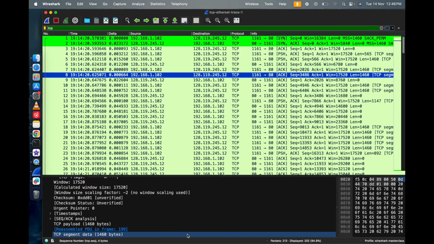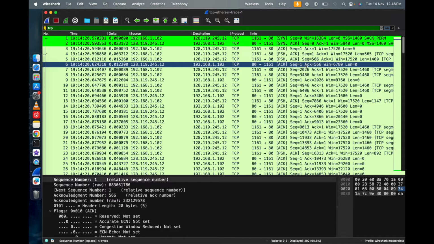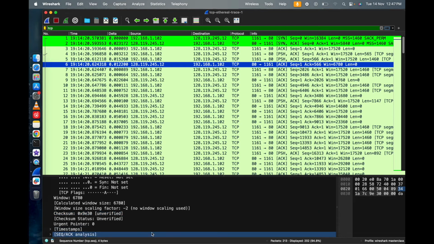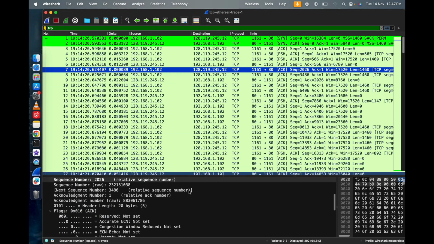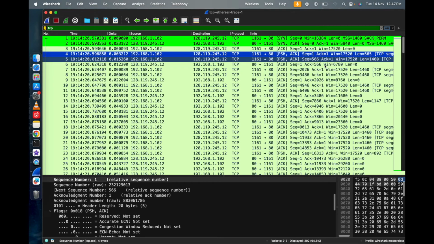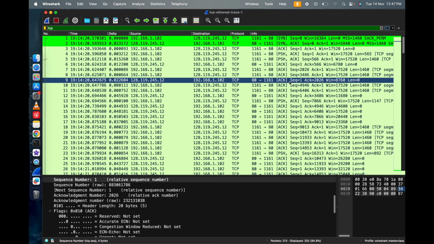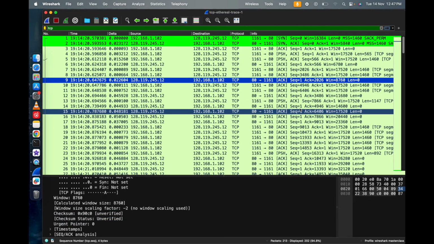Now if it is transmitted with a sequence number of 566, the acknowledgement number has time sequence data of 565 bytes, 566 bytes, and it goes on constantly increasing, right?